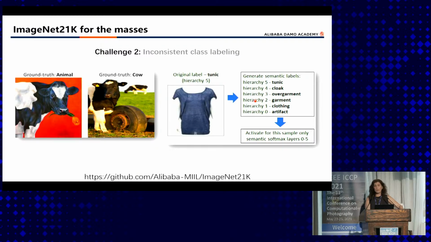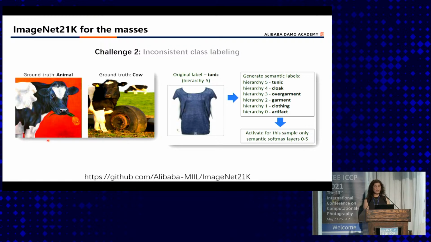Another thing we've done, which required a little bit deeper dive, is not just data processing, but rather looking at the dataset and understanding that, again, the labeling is difficult. What do I mean by that? You see here an example of two images from the dataset, rather similar images, but one of them was labeled as animal, while the other one was labeled as cow.